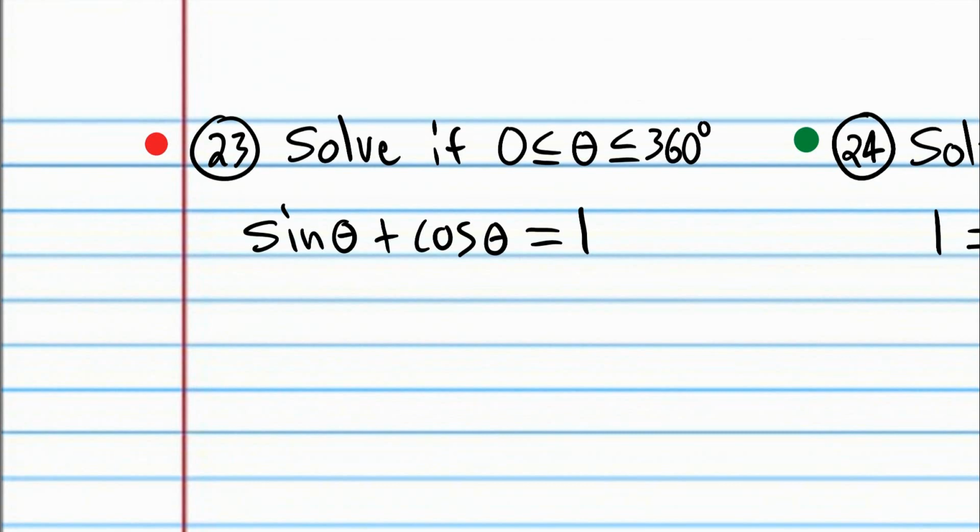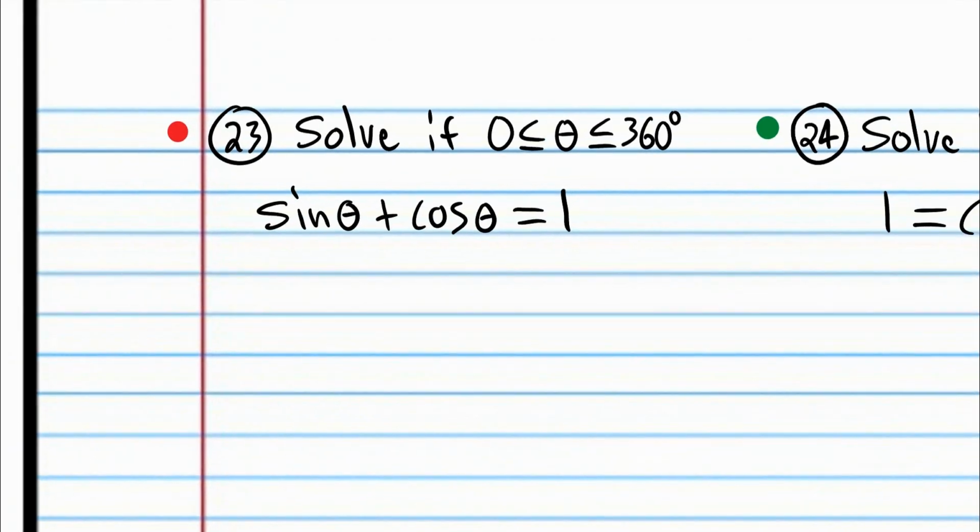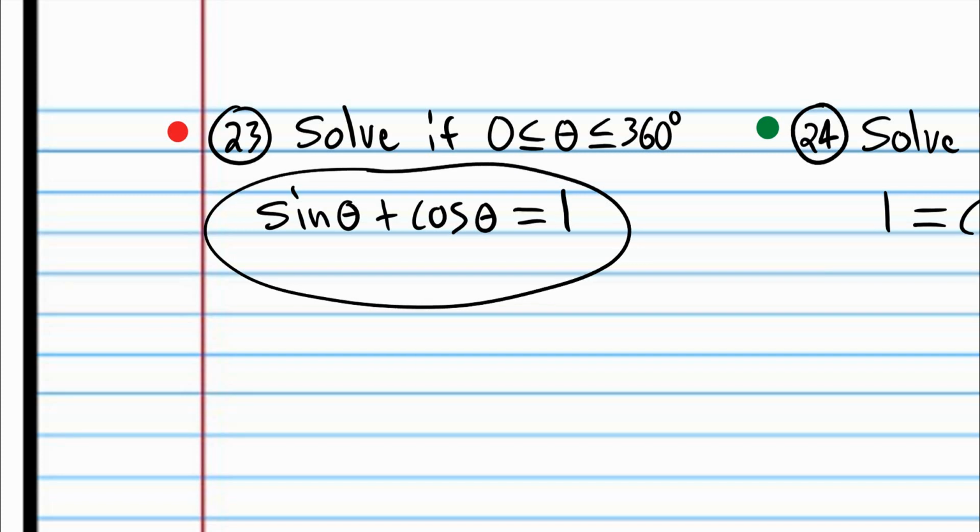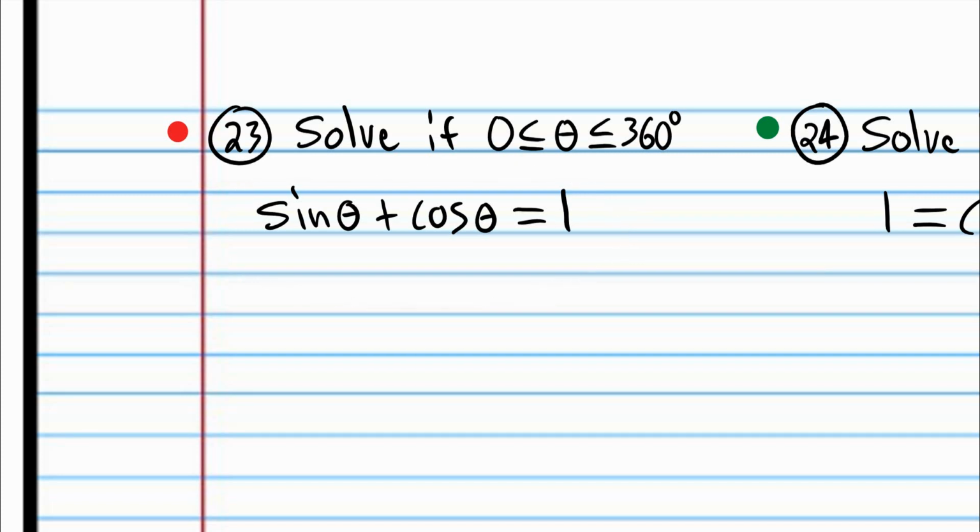Okay, we have a couple more problems. So if we look at this equation, we see that there's pretty much no method that we've seen so far that we can use to solve this. And so we have to use a special method.